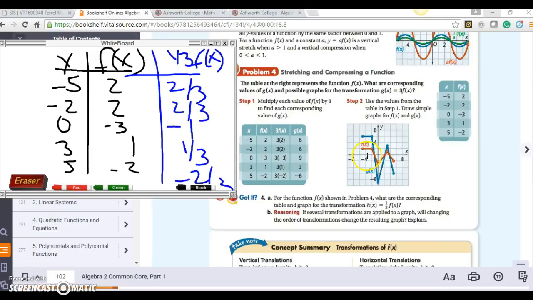Then I would have 0, -1, so it'd be up just a little bit. Then I would have 3, 1/3, so that's 1. This is 3 about right here, and 1/3 would probably be about right there, probably a lot less because it's 1/3. And then we have 5, which is about right here, and -2/3, which is about right there.